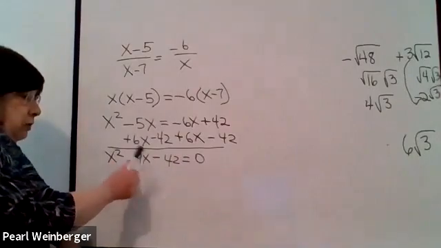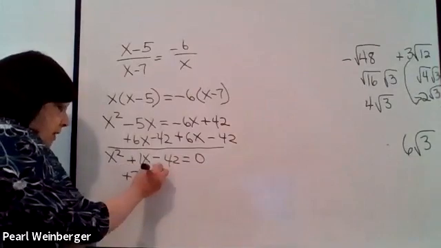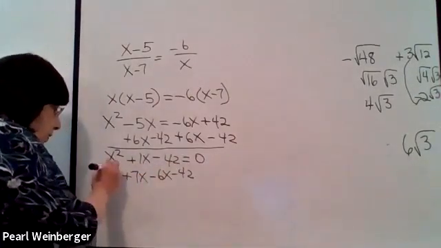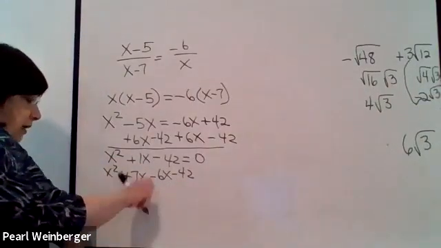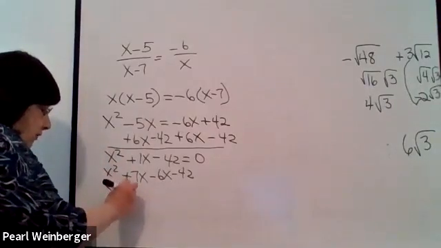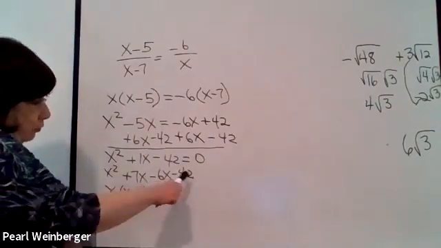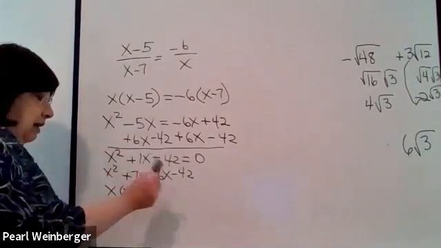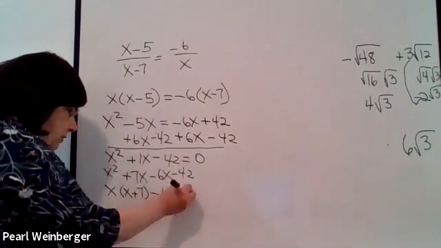And since the middle term is positive, I'm going to do a plus 7x and a minus 6x. I bring down the x squared and the 42. In my first group, I get x times x plus 7. In my second group, I have a common factor of 6, and since I'm starting with a negative, it becomes negative 6 times x plus 7.